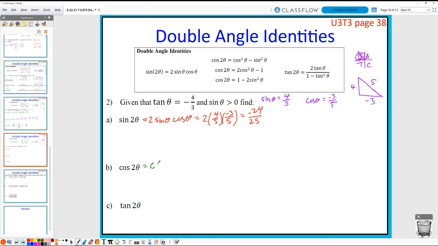Now cosine of 2 theta. I've got cosine squared theta minus sine squared theta. Cosine is -3/5 squared minus 4/5 squared. That's going to be 9/25 minus 16/25, which is -7/25.